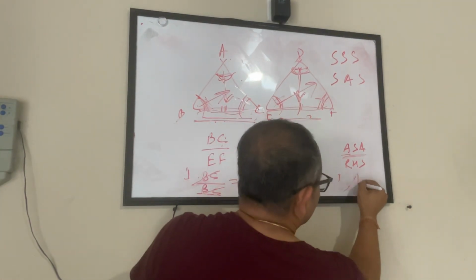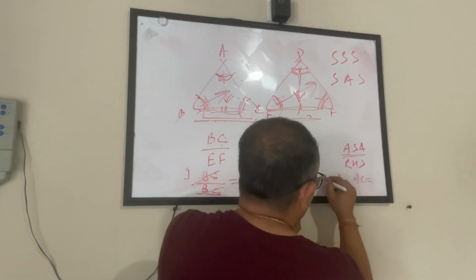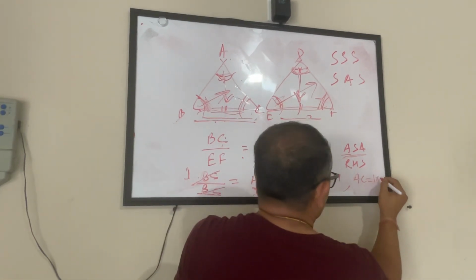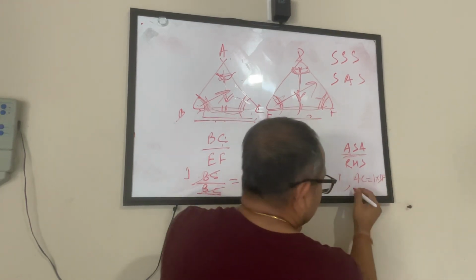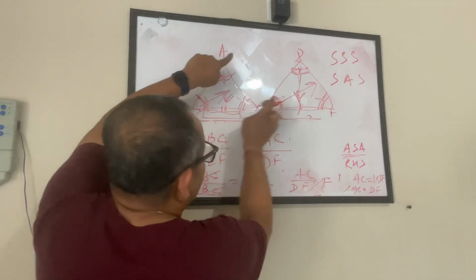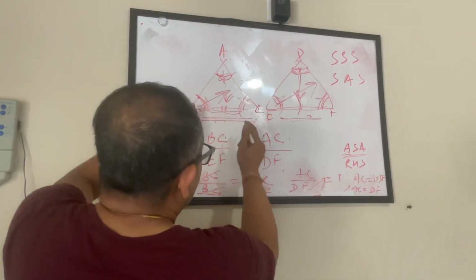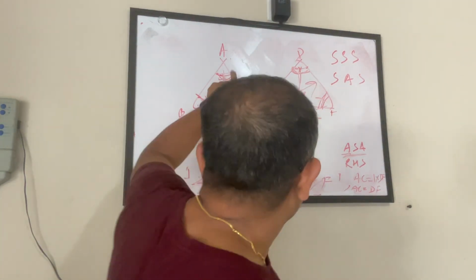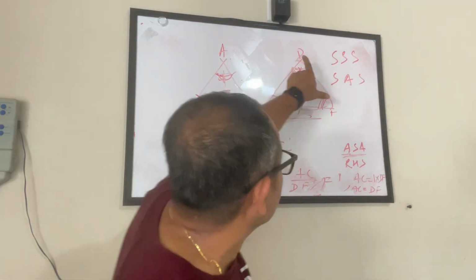Or AC equal to, it goes here this way, when I am making it cross the border. So it becomes 1 into DF. That means AC equal to DF. AC equal to DF. Now what happened? What we found out is that this side is equal to this side.